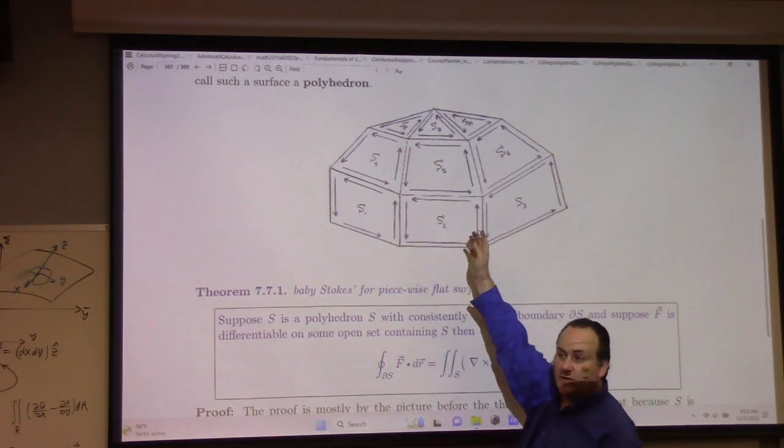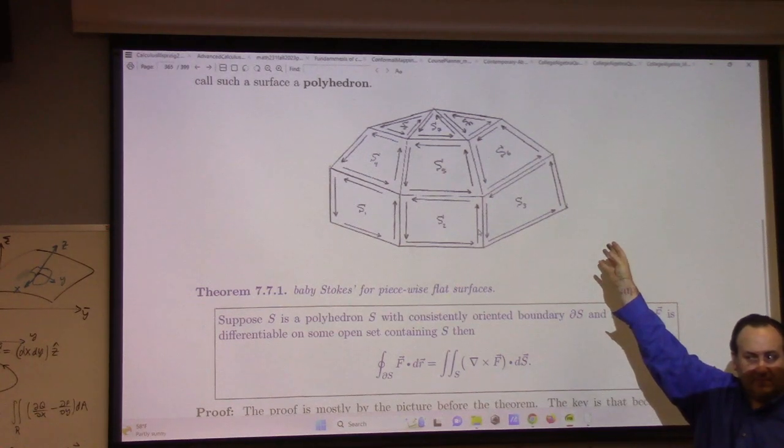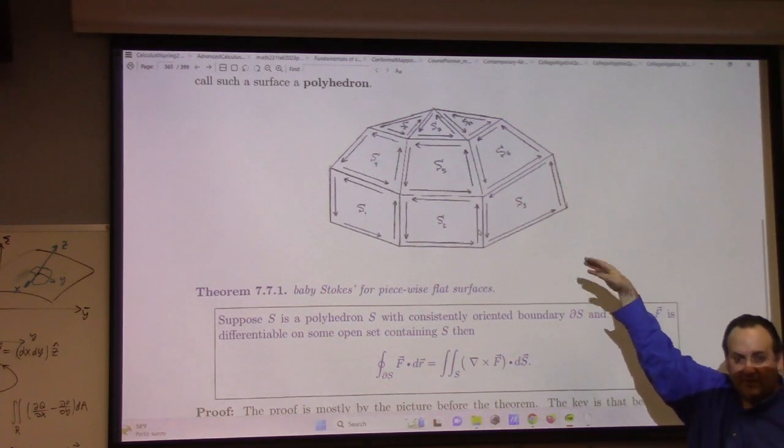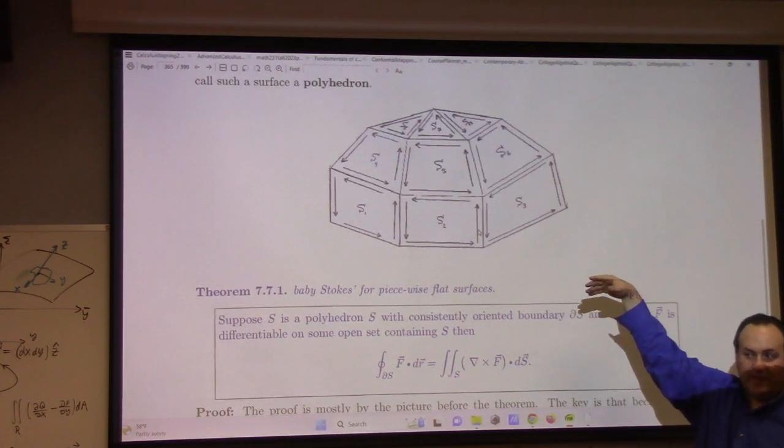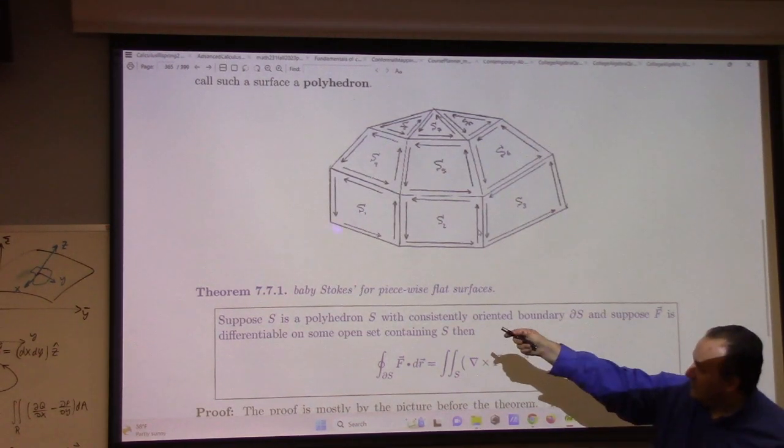You've got this situation: wherever you have two polygons meeting at an interior edge, the interior edges which meet are reversals of one another. So when you add up all of the integrals along the edges, those all cancel out, except for what? Except for this part down here, right?